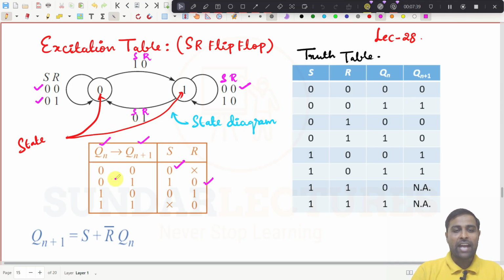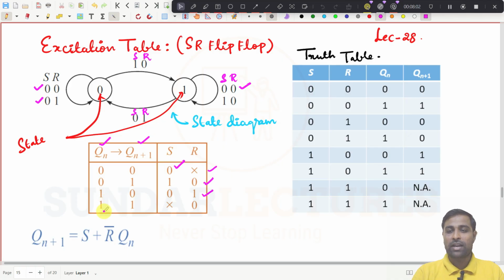That is the idea. And what is the next case? If the present state is 1 and the next state should go to 0, it will happen when S is equal to 0 and R is equal to 1. That is what we have written here. Right? Yes or no?